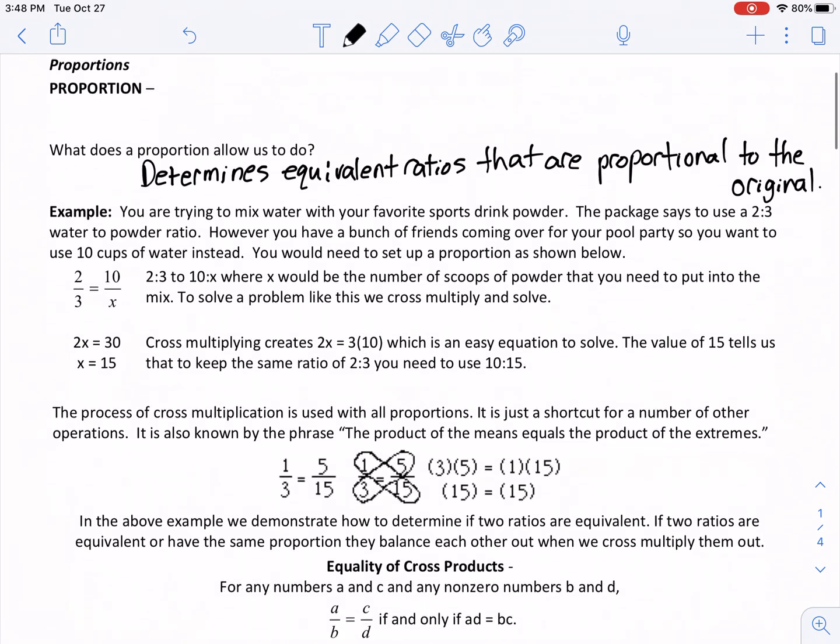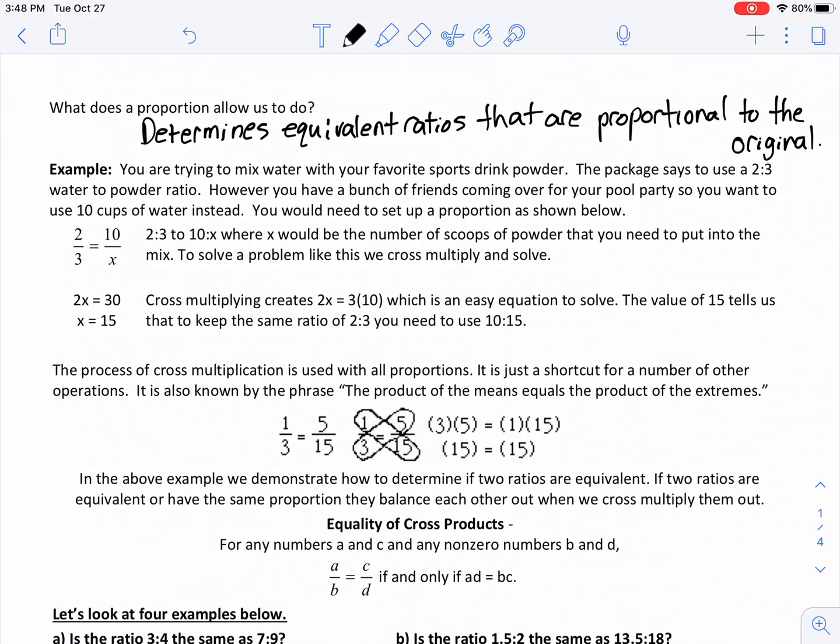Okay, so it determines equivalent ratios that are proportional to the original.